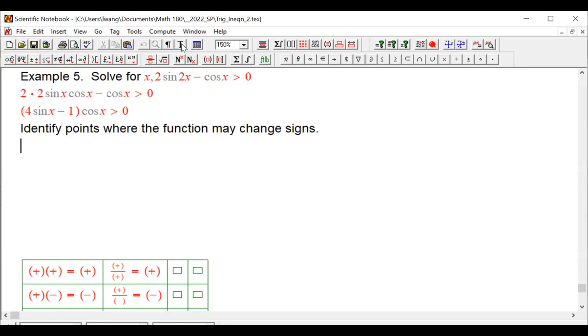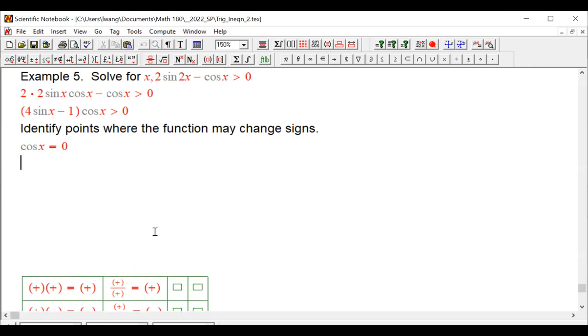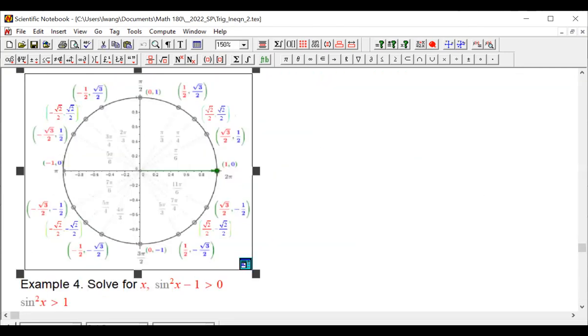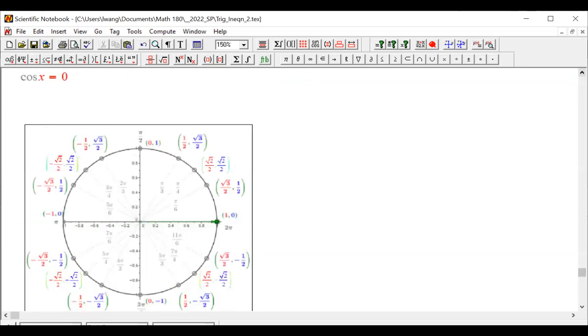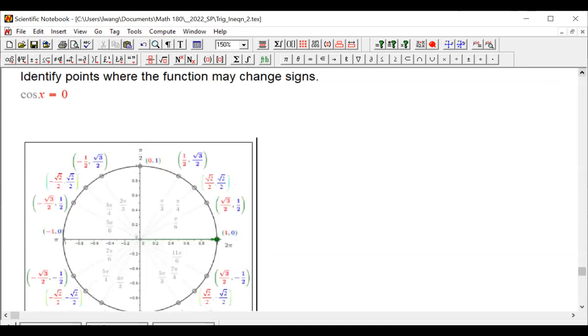We're pretty familiar with the cosine function, right? Cosine function, you can see the sign change takes place. So when does the cosine x equal to 0? Right? Cosine x equals 0. If we bring our unit circle, that could help us to identify when cosine x changes sign, right?